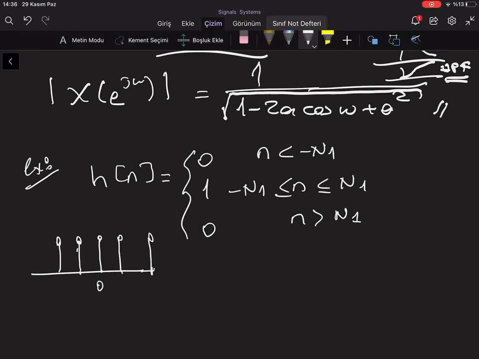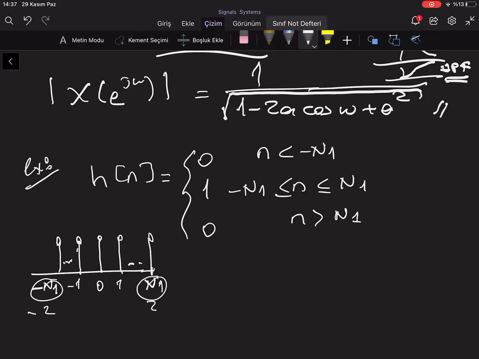It is 0, 1, with n1 and minus n1 marked. n1 may be 2, 3, 4, it may be different. For n1 equals 2, this will be 2 and minus 2.